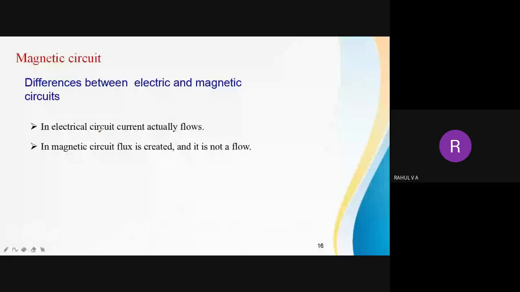So what is the difference between electric circuit and magnetic circuit? In electric circuit current actually flows, but flux is created or built up. It is not flowing. Flux is not flowing, it is built up.